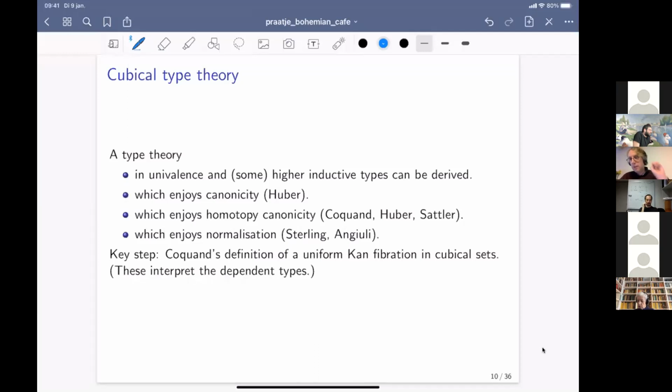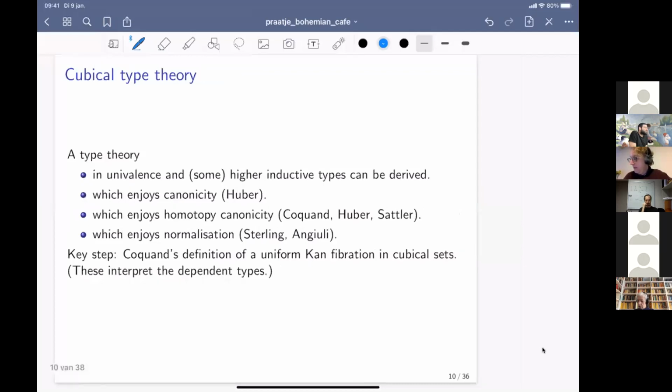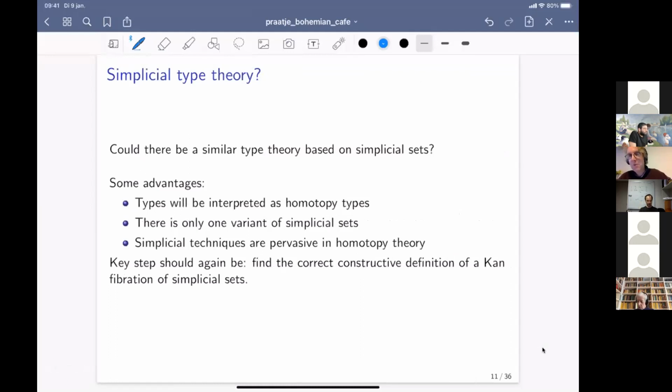And the answer is, Thierry Coquand gave this definition of a uniform Kan fibration. And all these other contributions rely on that. So a natural question, something I would definitely be very interested in, is: could there be something similar for simplicial sets? Could there be something like simplicial type theory, which has similar properties?